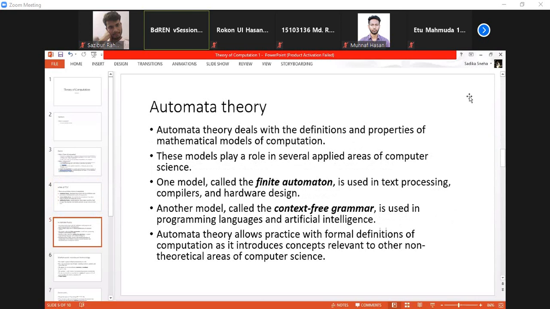In different areas of computer science, different models are used. Two to mention: finite automata and context-free grammar. Finite automata is used for text processing, compiler design, and hardware design, whereas context-free grammar is used for programming languages and artificial intelligence.